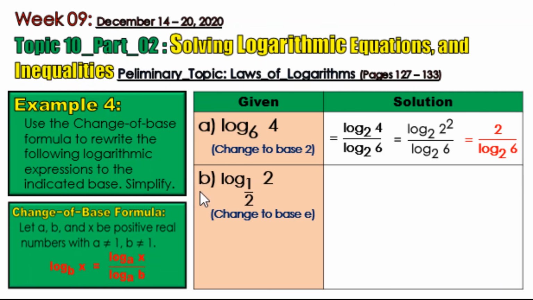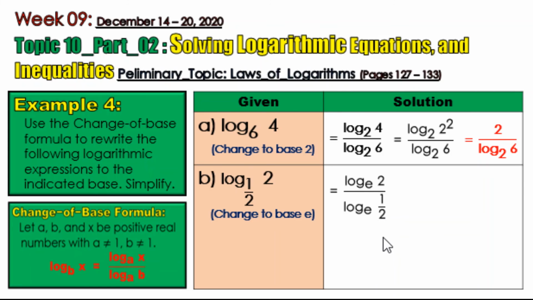For letter B, logarithm of 2 to the base 1/2, you are asked to change to base e. Applying the change of base formula, we have logarithm of 2 to the base e divided by logarithm of 1/2 to the base e.